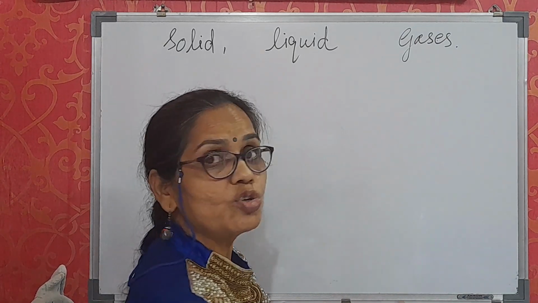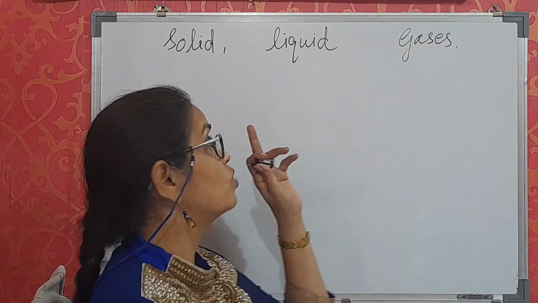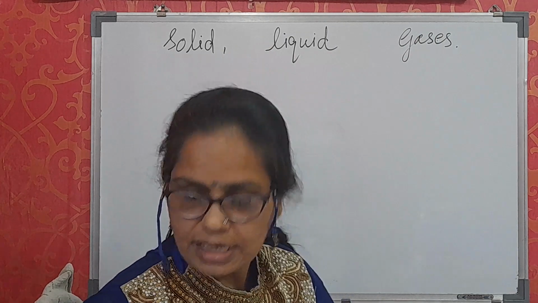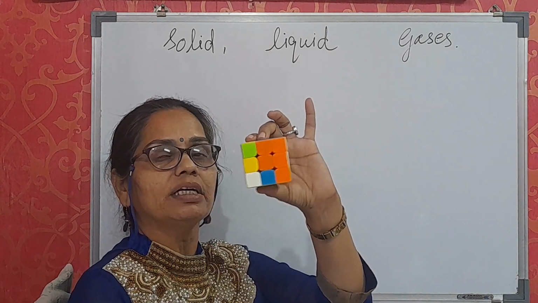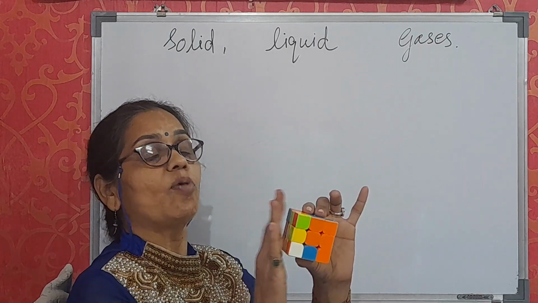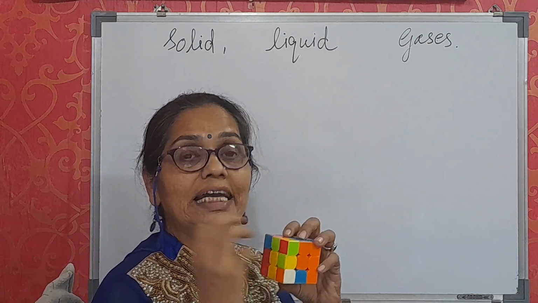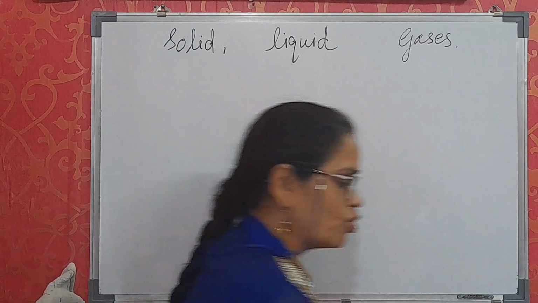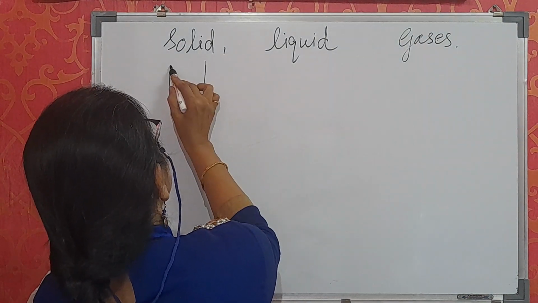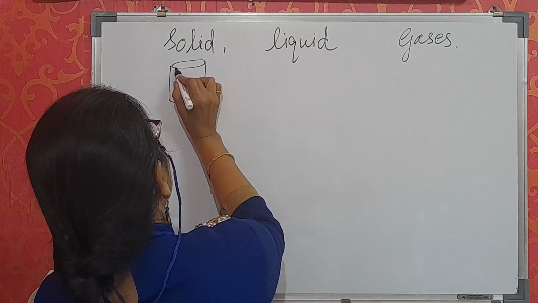So now I will show you the differences between solid, liquid and gases. Now children, see. What is this? This object is solid. Why am I calling it solid? Because its molecules are tightly packed. Now I will show you with the help of a diagram. Suppose this is any solid substance, it has molecules.